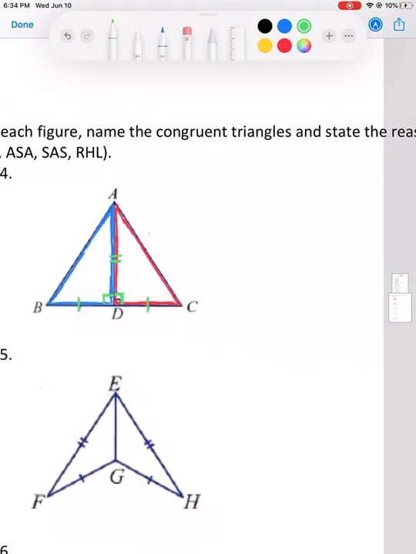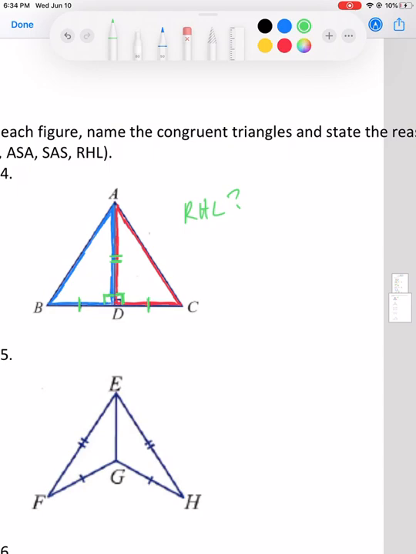Let's write down what we know. We have these two sides, AD, and then we have the bottom of the figure, and then we have the angle in between them. Whenever I see the right angle, I try to see if I can fit right hypotenuse leg. So will right hypotenuse leg work?